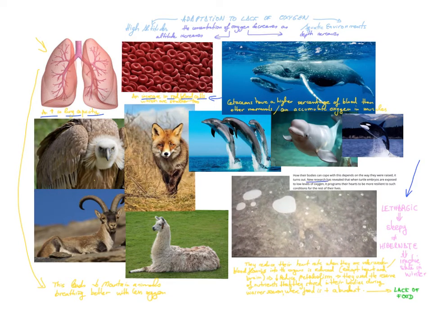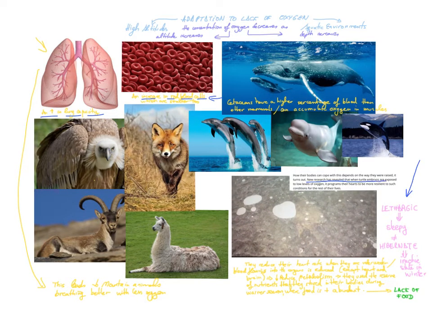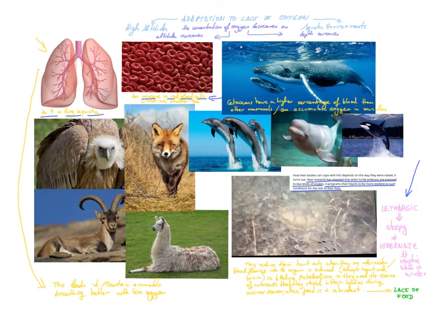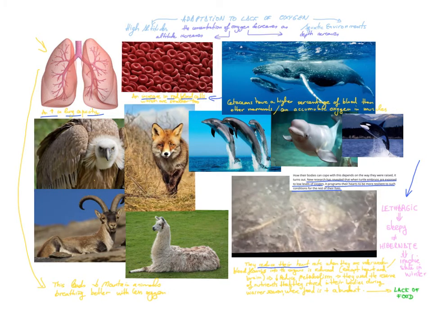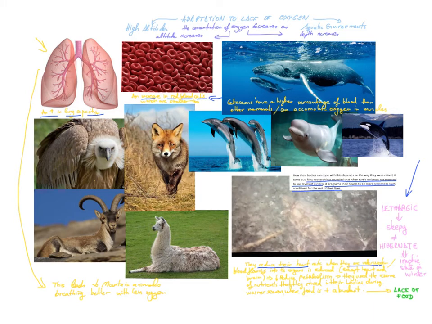Okay, new research has revealed that when turtle embryos are exposed to low levels of oxygen, it programs their hearts to be more resilient to such conditions for the rest of their lives. So they reduce their heart rate when they are underwater.